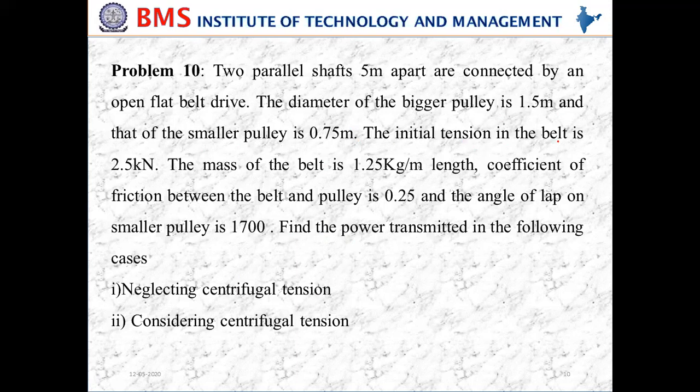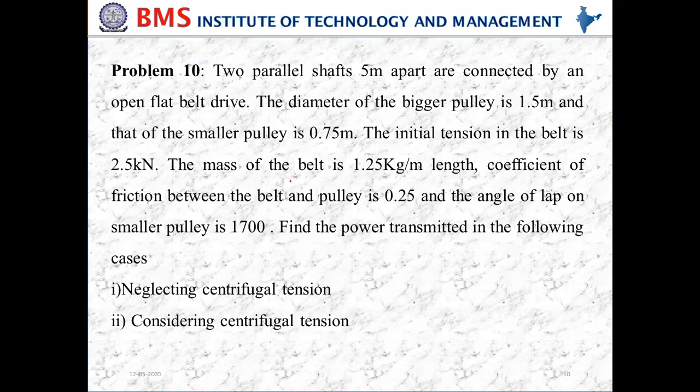The initial tension in the belt is 2.5 kilonewtons. That is given as the initial tension, T naught. T naught is equal to (T1 plus T2) by 2, so from that we can get T1 plus T2.